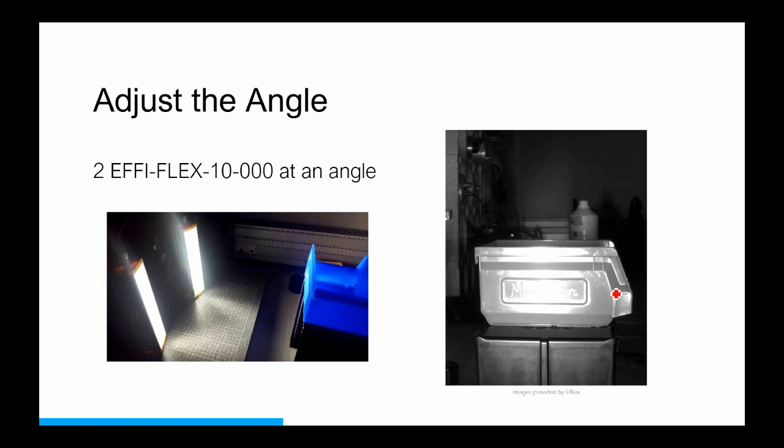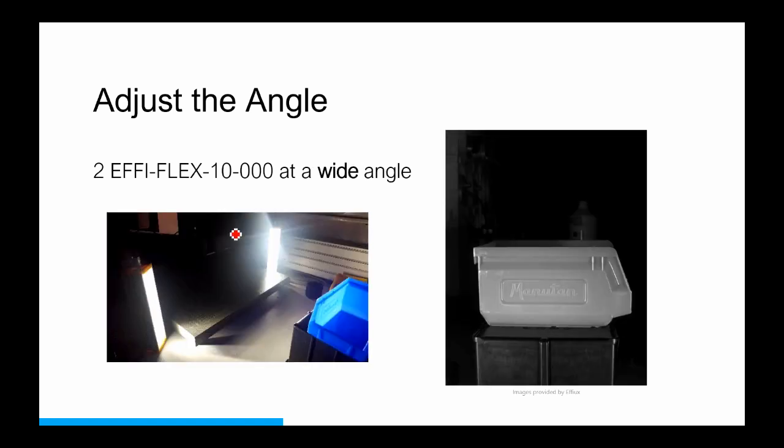But if I widen the angle of my lights, so I widen that angle of reflectance, now I'm only looking at that diffuse reflection, and I get a much more even and uniform image that's going to look the same every single time. That's going to work for some applications, especially if it's a flat piece that's just a little bit reflective. That's when changing the angle or changing the diffuser is going to work the best.